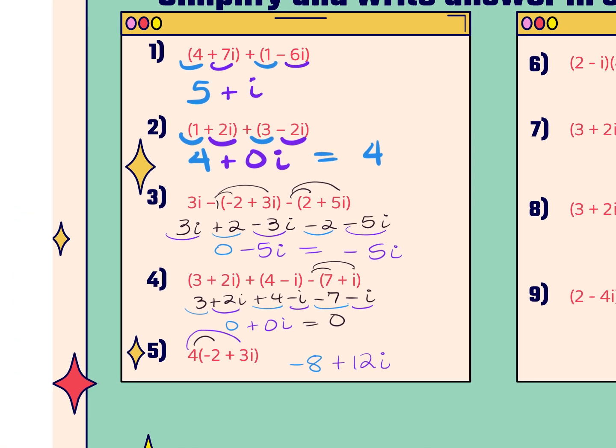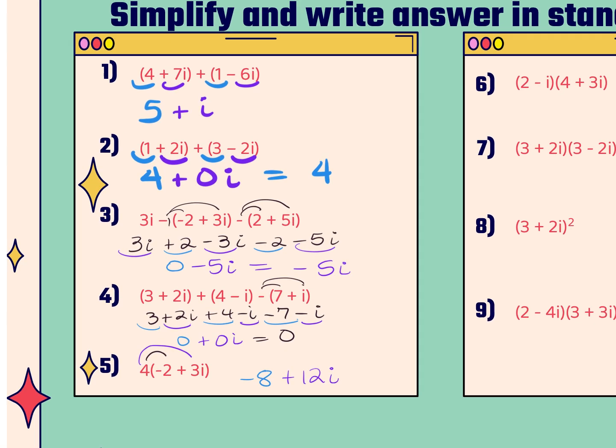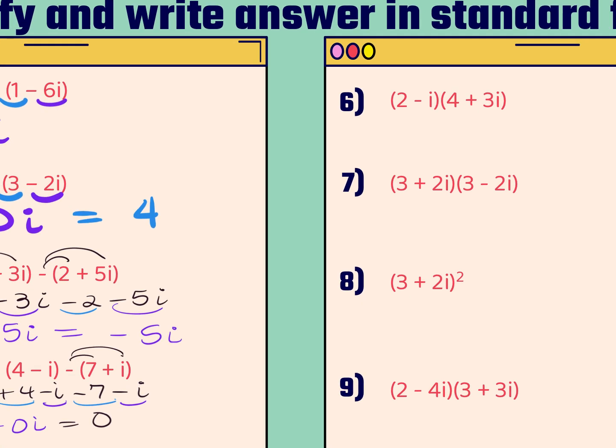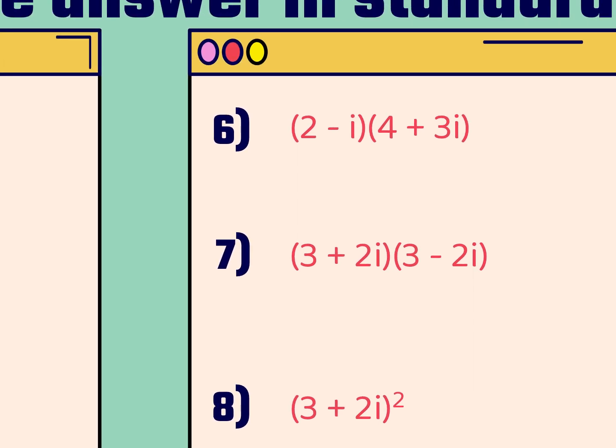So for number 6, we have two binomials that they're asking us to multiply. And all I'm going to do is FOIL. So I'm going to go ahead and multiply or distribute, however you want to think of it. So I'm going to multiply the 2 times the 4. I get 8.